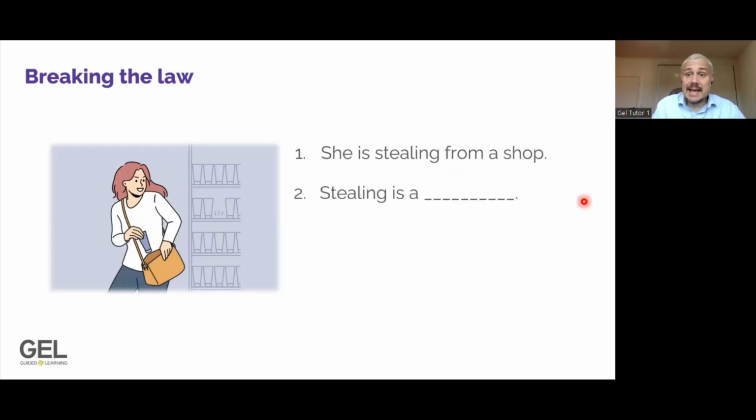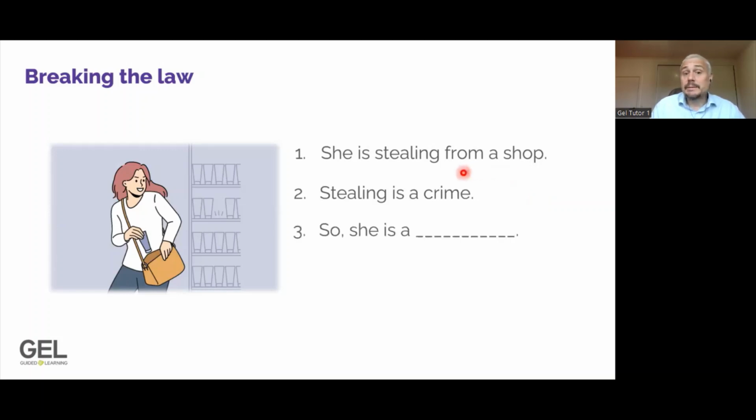Stealing is a... What word could we use to complete this sentence? Look at the next question below the video and type one word to complete sentence 2. Stealing is a crime.